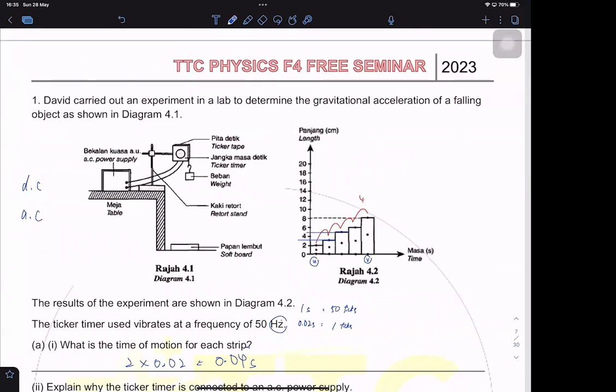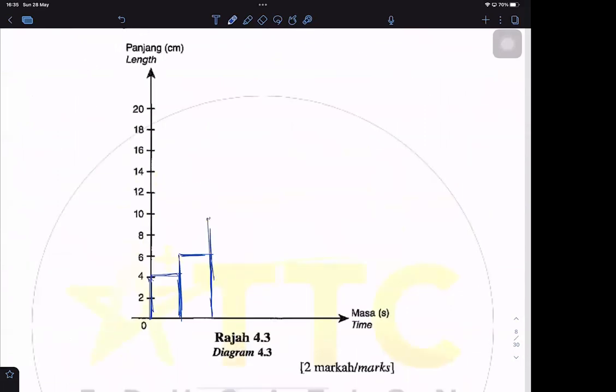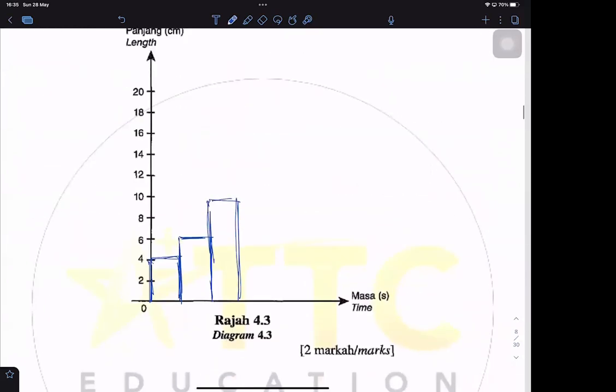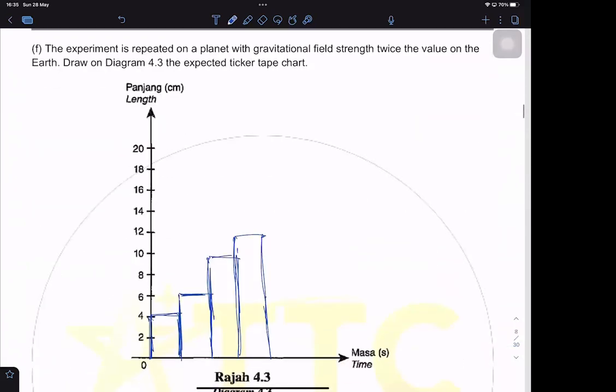The next one is 5, so we double it to 10. And then the next one is 6, we double it to 12. And then the last one is 8, so we double it to 16. Of course you use a ruler to draw, I'm just lazy to use a ruler.